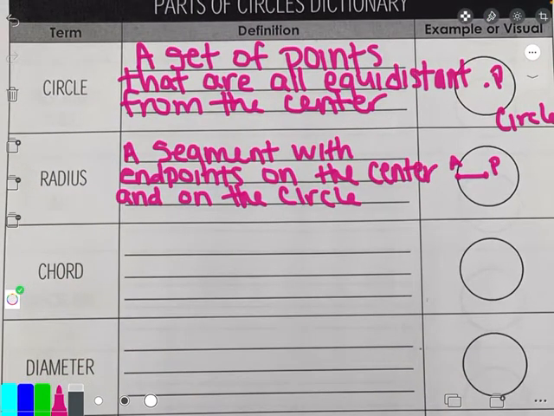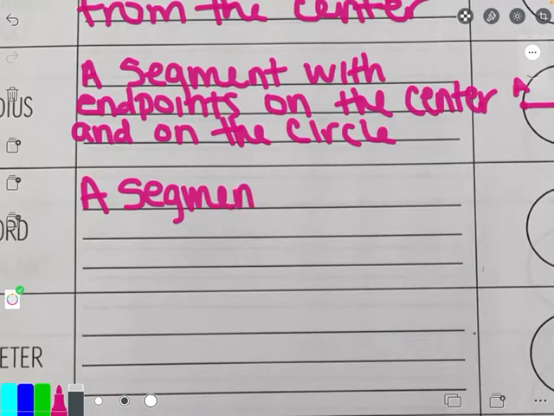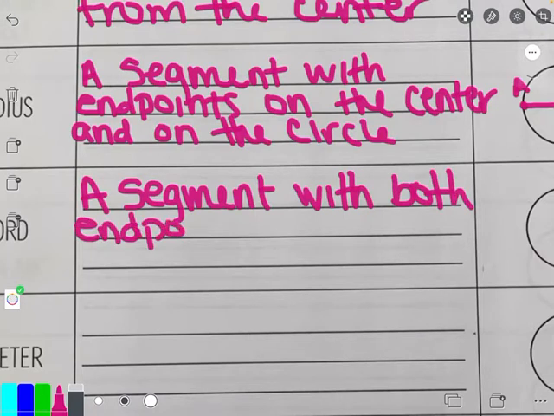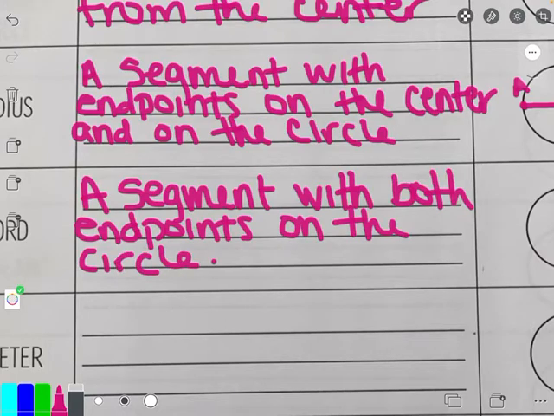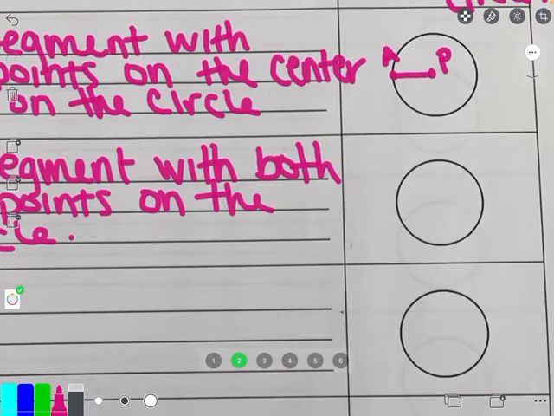Next, a chord. A chord is kind of like a radius, but both endpoints are on the circle. So it's still a segment. Looking at a circle, a chord would look like this, not going through the center.